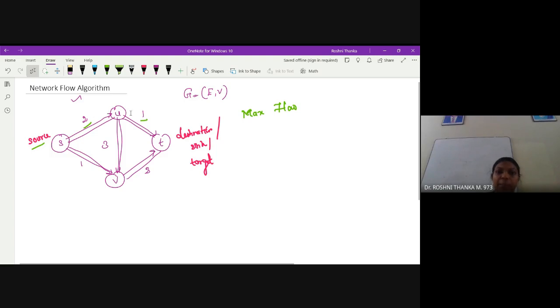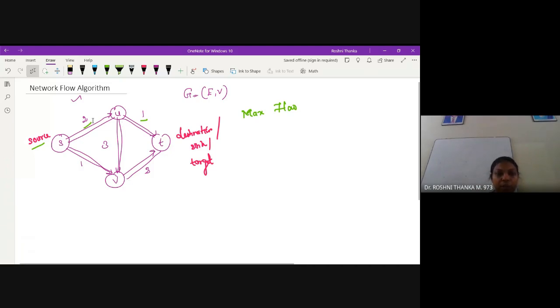But you can see that same 2 volume cannot be sent from U to T because this path can only accommodate 1 volume of data. And one more thing to remember here is U doesn't have any storage. You cannot store some volume here and send the other volume through this. That is not possible. It is like a flow of data.